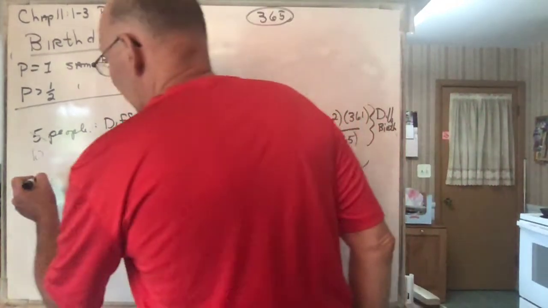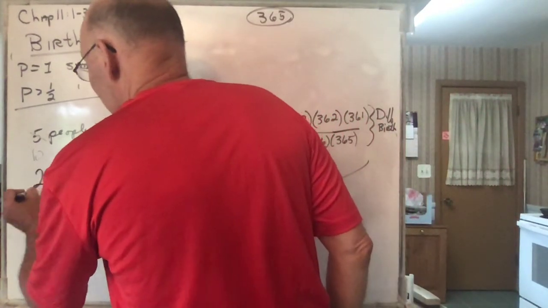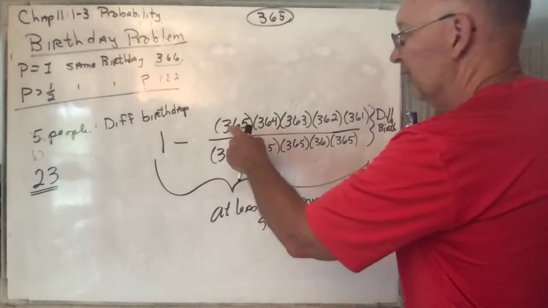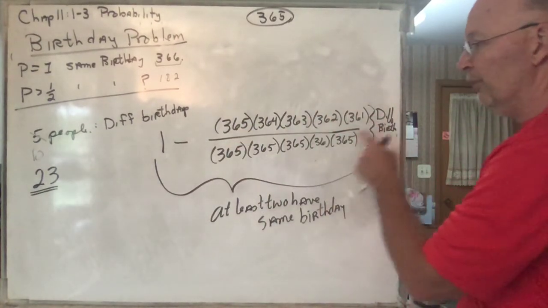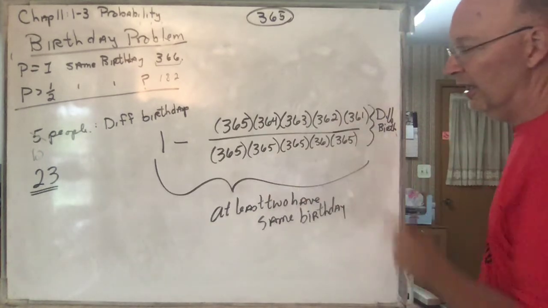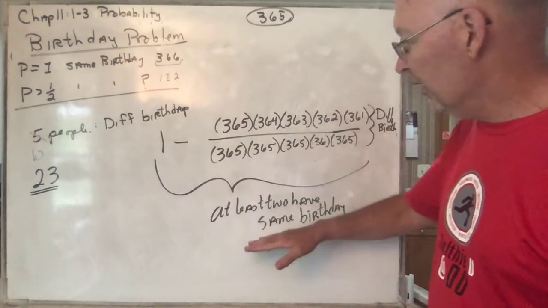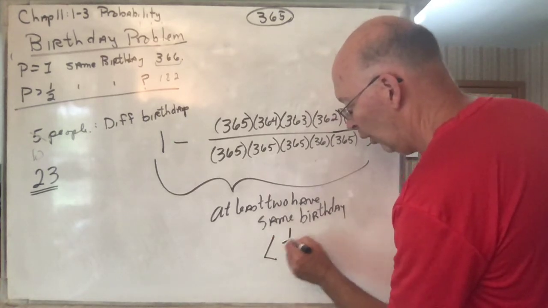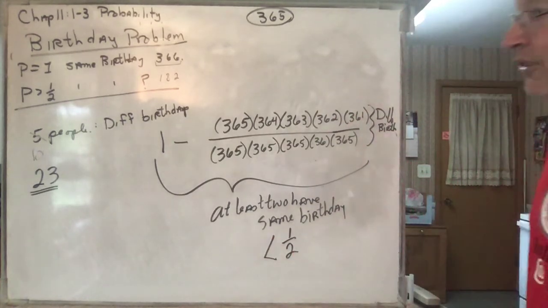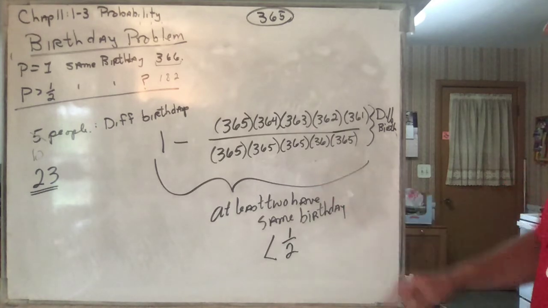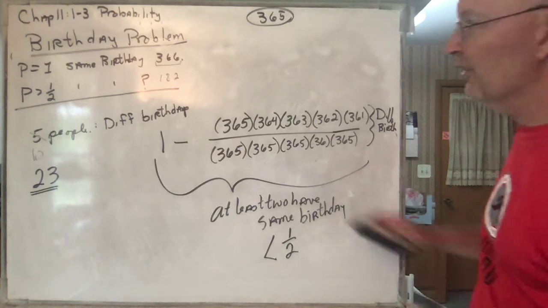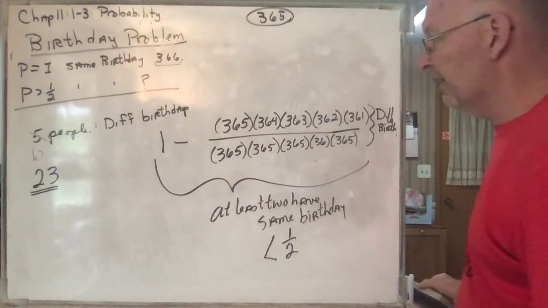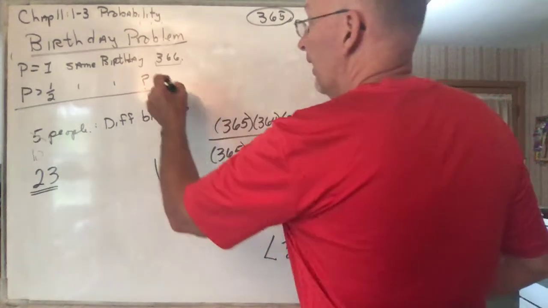It turns out that by the time you get to 23, and you take this list out to 23 and you also take this out to 23 and then subtract it from 1, this number is less than 1/2. It turns out that if you have 23 or more people in a room, the probability is greater than 1/2 that at least 2 people will have the same birthday.